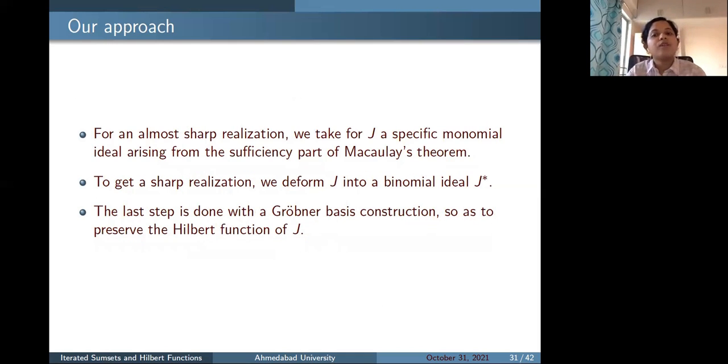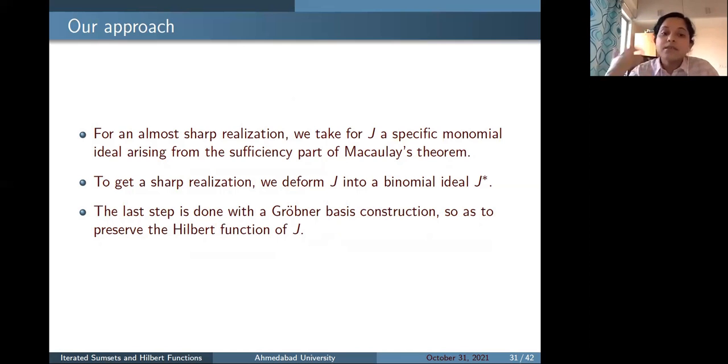Now, if we are looking for an almost sharp realization, then we just need to use the sufficient part of Necklace Theorem. But for the sharp realization, we need to deform J into some binomial ideal J star.